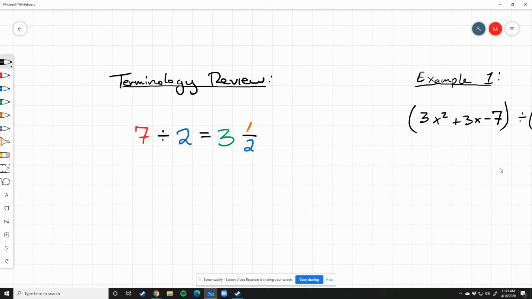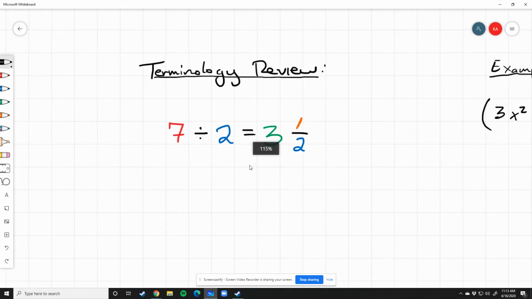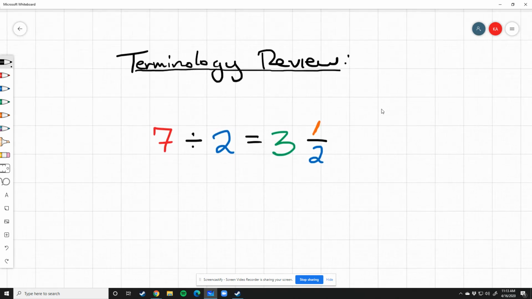So in front of us, you can see that we have a division problem. And when doing a division problem, there are three terms here. We have a dividend. We have a divisor.